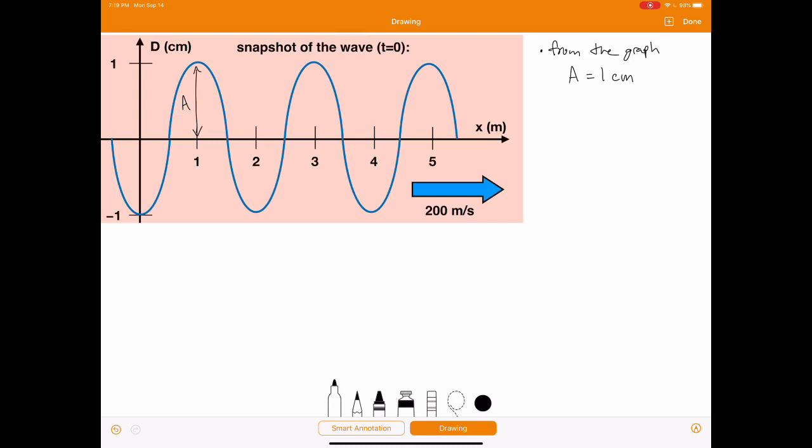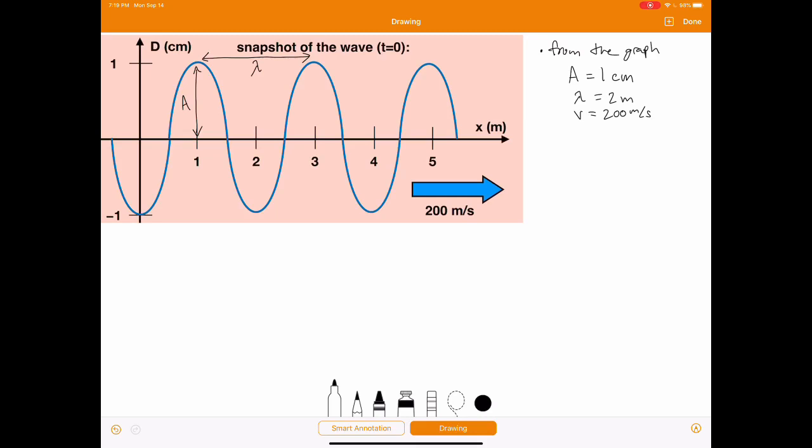Also, we can determine the wavelength straight off the graph. Remember, this is the distance between two peaks of our wave. That's lambda, and from the graph this distance is 2 meters. We also know the speed of the wave, v, is 200 meters per second.